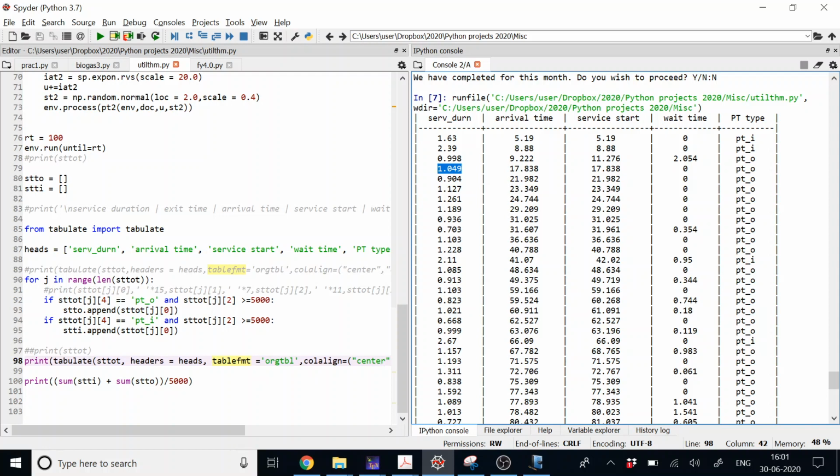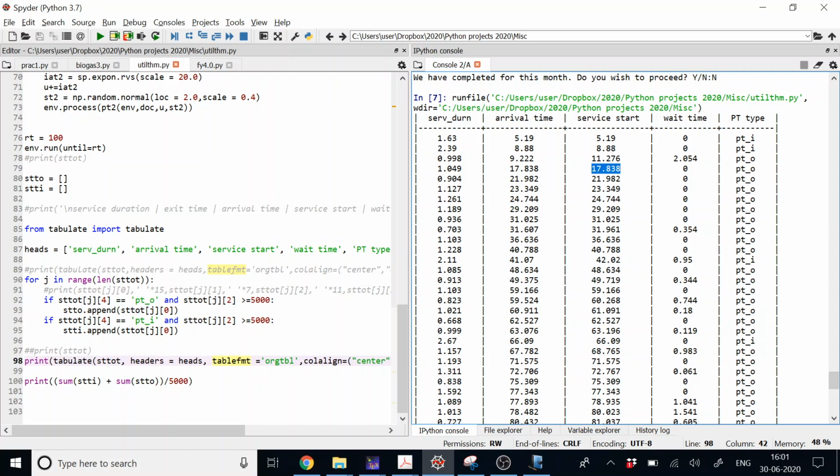The service duration of the third patient was only 1.998, so their service finished very quickly, by around 12.27 roughly. So this fourth patient will not have any wait time, which means the service can start immediately at 17.83.